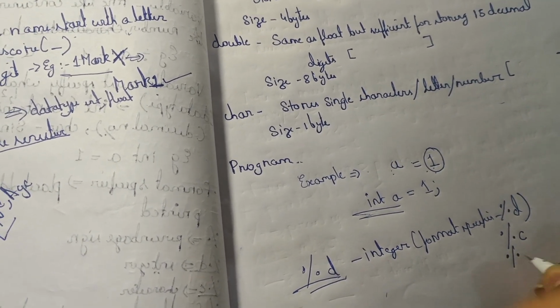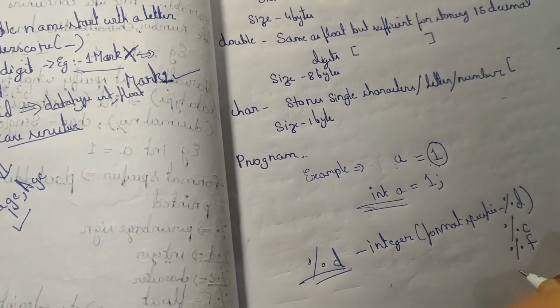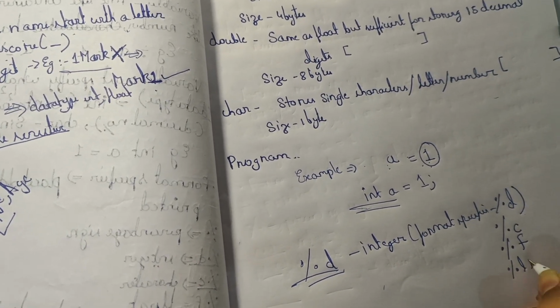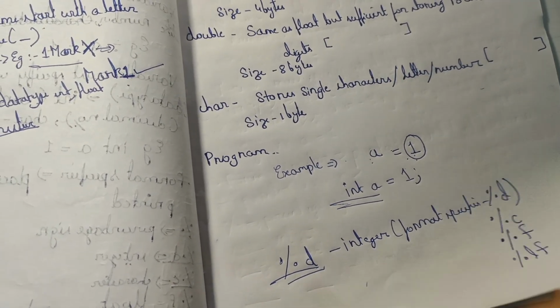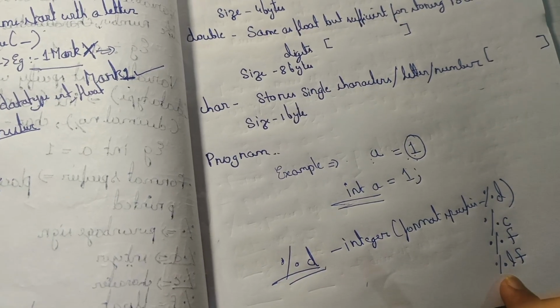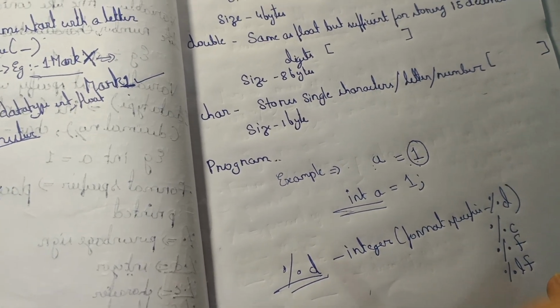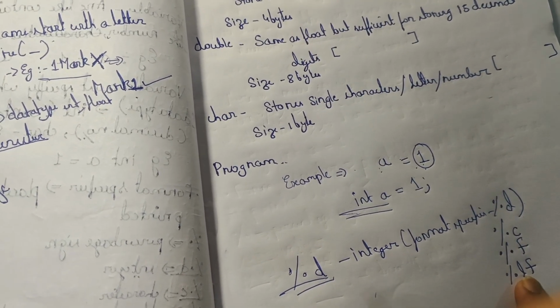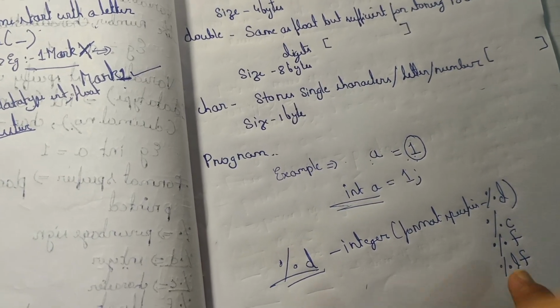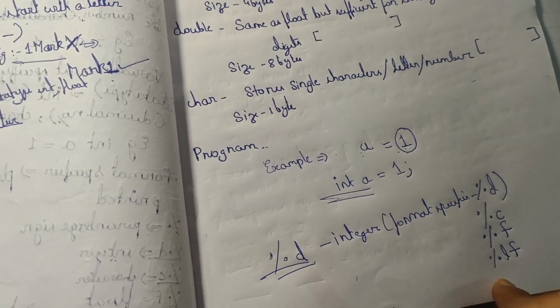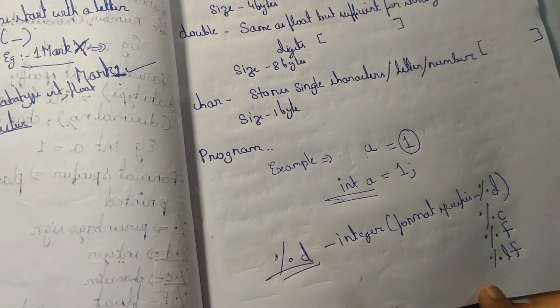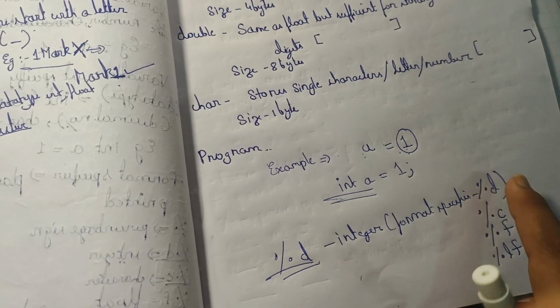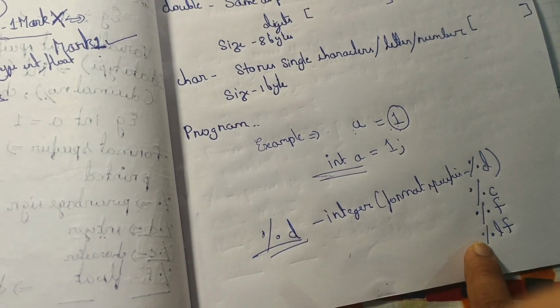If it is float, we have to use %f. If it is double, we have to use %lf. We have to use these because without them the compiler will give errors, since we want to print the particular value, whether it is an integer, character, float or double.